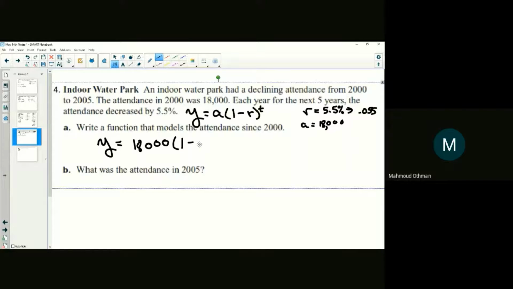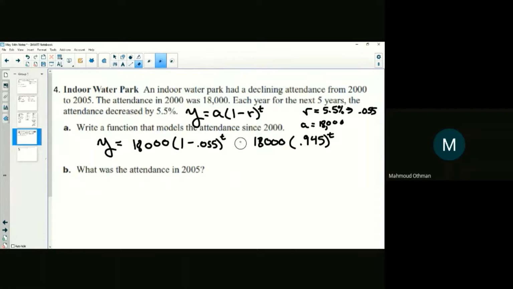So 0.055. Then 18,000 times 0.945 to the t, which is what y equals. I'll put the y equals there, that way it looks cleaner.